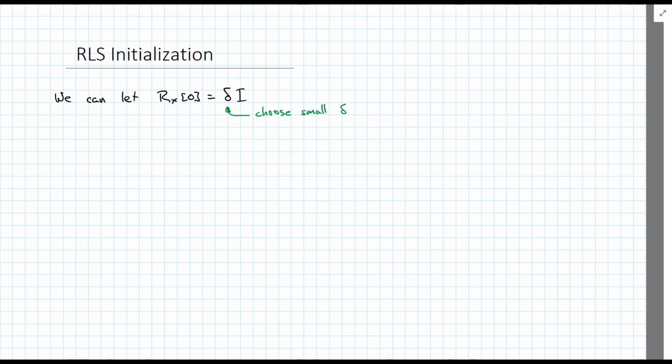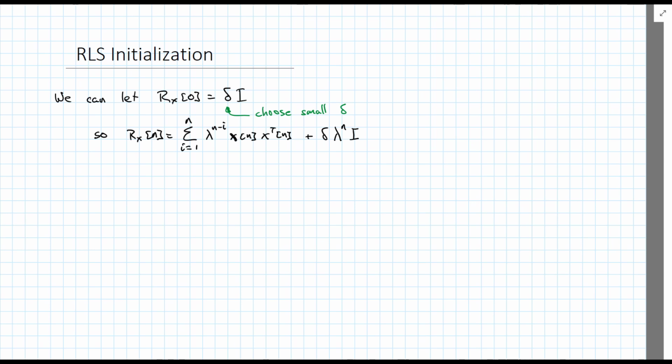Okay, so then what happens as we update our Rx? So Rx of n is now going to look just like it did before, except we're now summing from 1 to n minus 1, x of n times x transpose of n, plus delta lambda to the n.